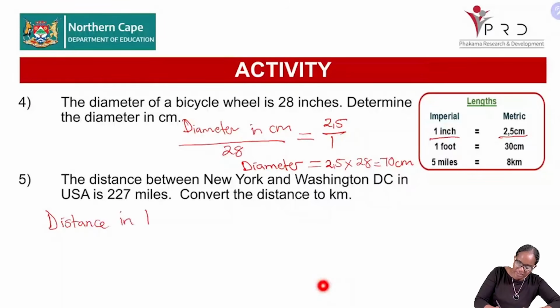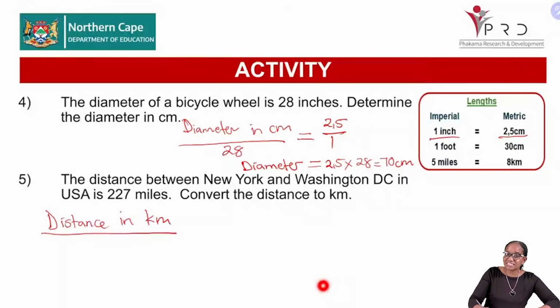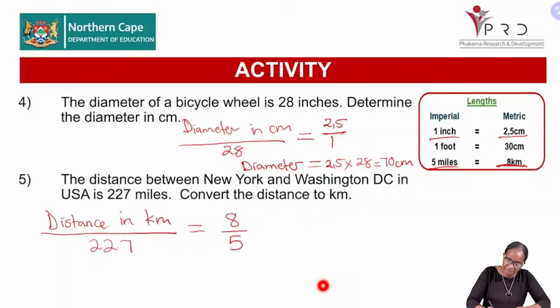Distance in kilometers over the given distance in miles will be equal to our conversion factor. We are converting from miles to kilometers, and 8 kilometers is to 5 miles. So it's 8 over 5, right?